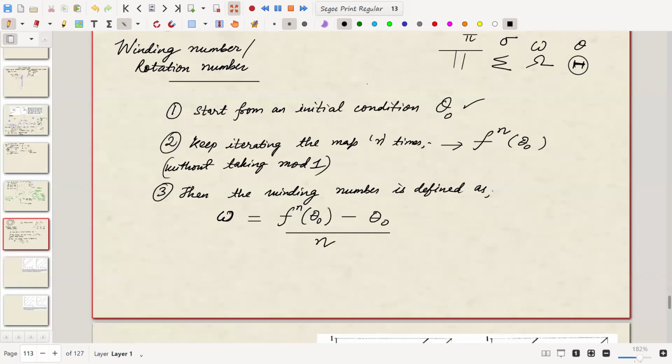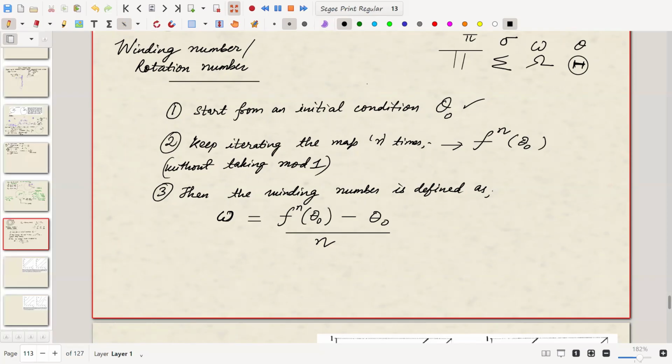How much have you wound yourself? After n iterations, you started from theta naught, you go to F^n of theta naught, subtract the initial point, then divide by n.